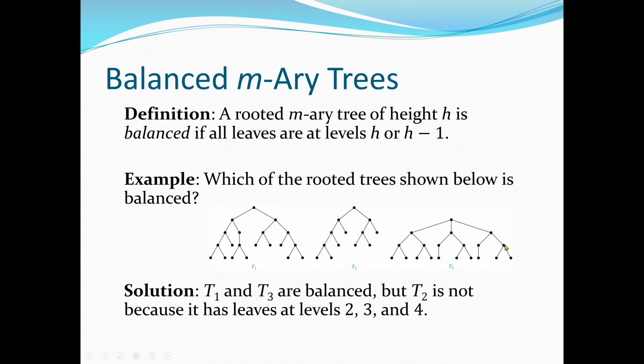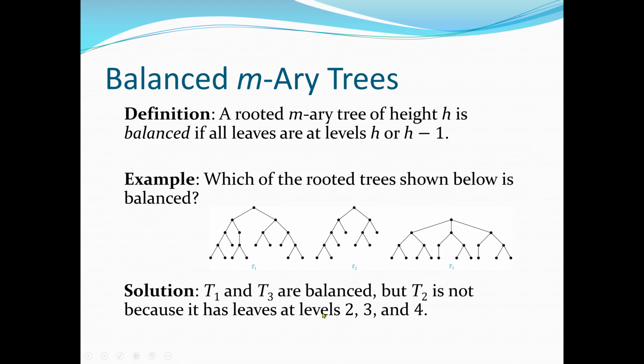We don't have any at h minus 1. But T1, we have h, and also some leaves at h minus 1. But T2 also has leaves at h minus 2, so it is not balanced. All the leaves must be at h or h minus 1, not h minus 2. So that's why T1 and T3 are balanced.